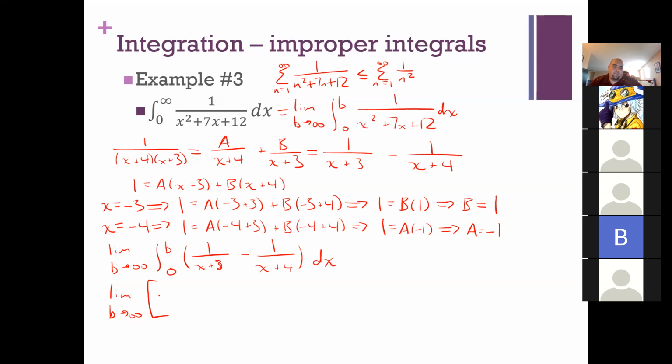So natural log of the absolute value of x plus 3 minus the natural log of the absolute value of x plus 4, evaluated from 0 to b. So let's take a look at this now. Do we think this thing is going to converge? What happens when I put b in for either one of these?